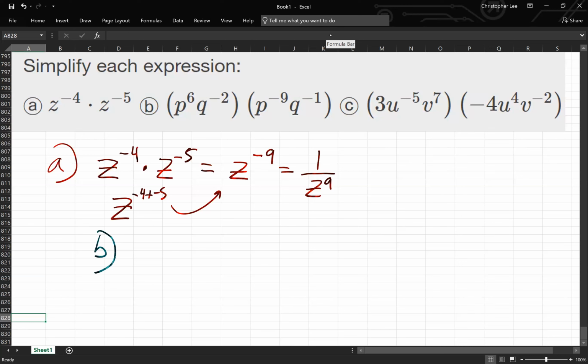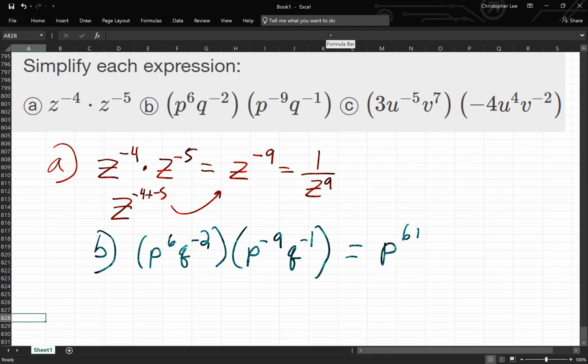So B, right? I have P to the 6, Q to the negative 2 times P to the negative 9 times Q to the negative 1 power. How do I do this? Let's see.